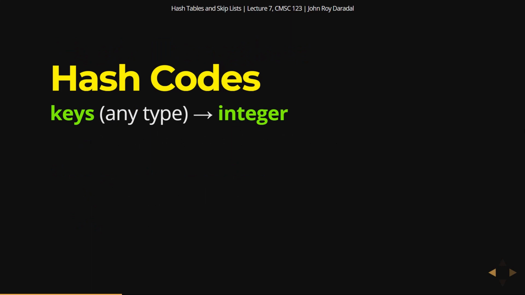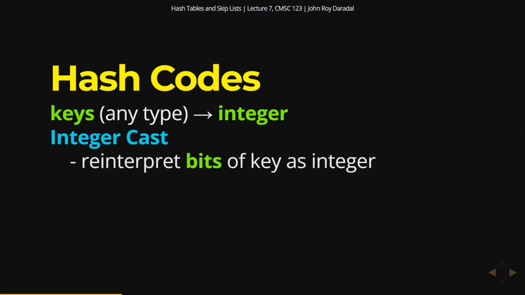Let's take a look at some examples of hash codes. They are the ones that convert your keys, which are of any type, to an integer. One example of a hash code is the integer cast. For the integer cast, we reinterpret the bits of the key as an integer.